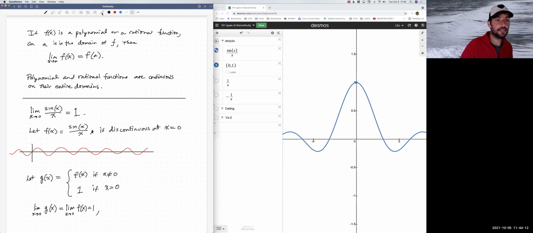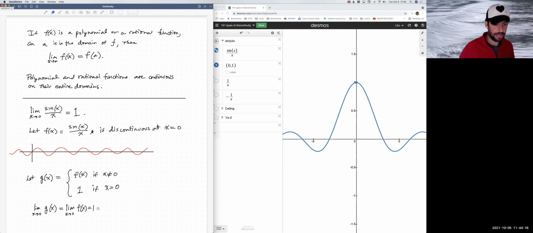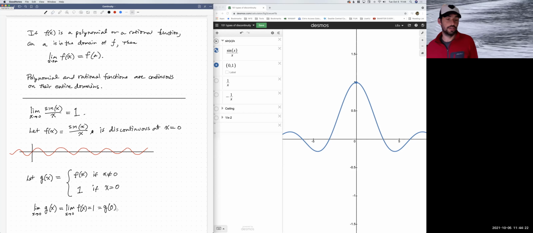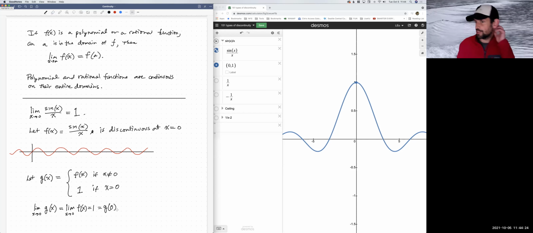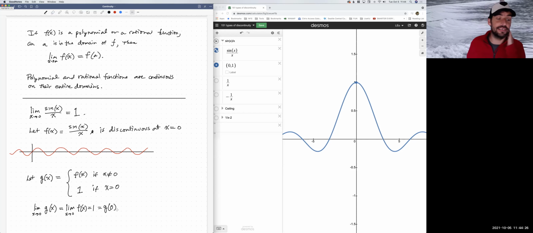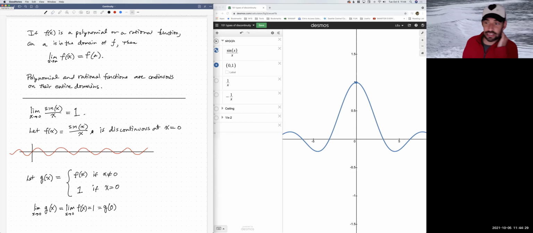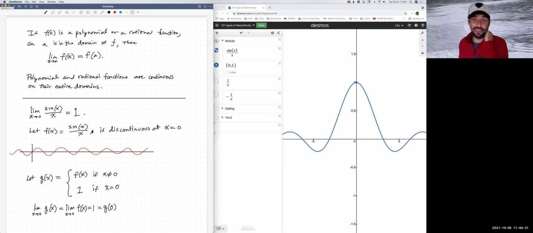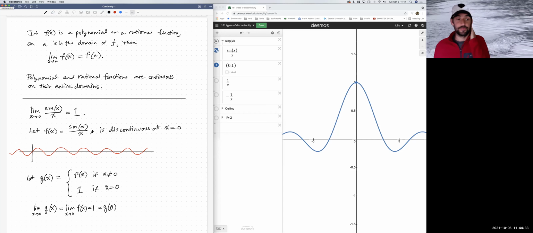And that happens to be the value of g of 0. And so the limit is equal to the value there, and so we've fixed that discontinuity. This function is now continuous at that point, and it turns out it's continuous everywhere.